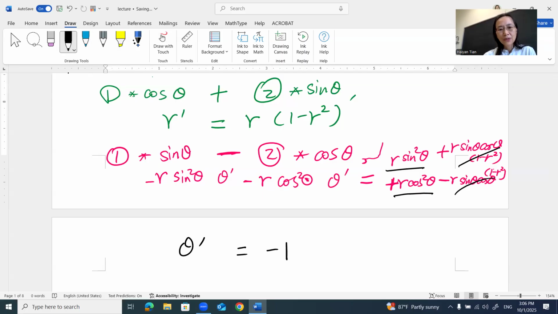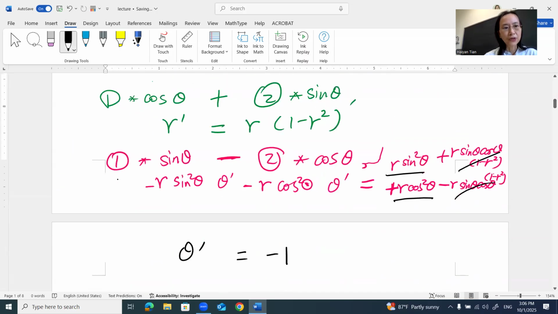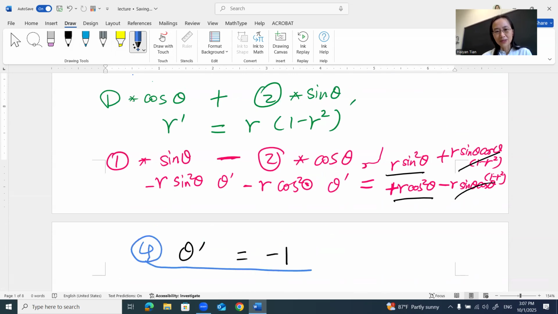Now, from the equations 1 and 2, we now have two new equations. Let's call them 3 and 4. So this is a new equation, r derivative equals something. And this is another new equation, theta derivative equals something. So we look at the two equations.